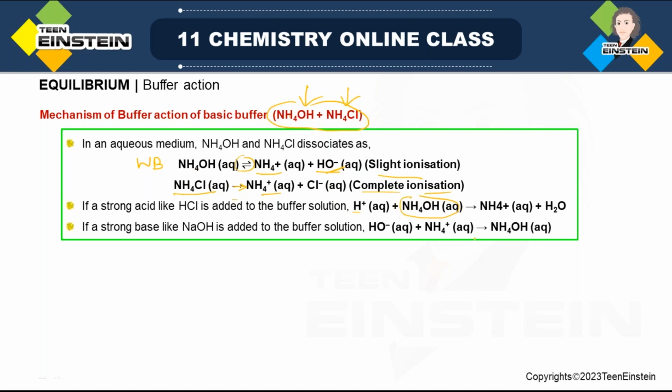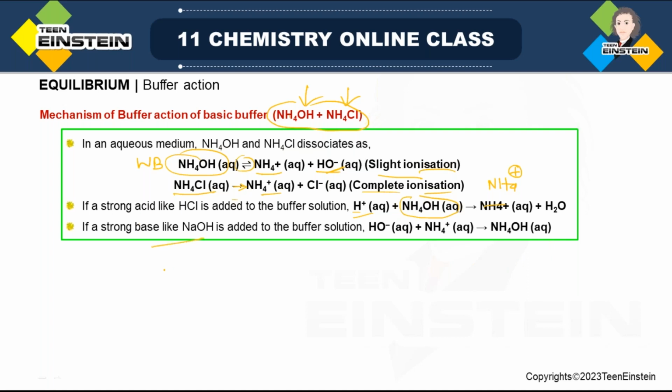That is also fine. You can also take NH4OH because that is present in excess amount. It is slightly ionized, so mostly in the medium you have NH4OH, and that will react fast with H plus, and in this way it will nullify the effect of extra H plus. It gives NH4 single positive charge, and water will be produced.